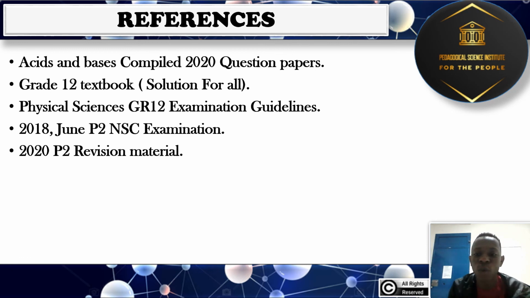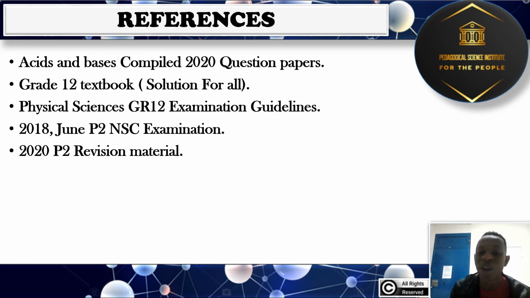This is the reference of where I got all the resources, the content we're delivering to you. You can go to Google and search for acid and base compiled 2020 question papers. I've also used the Grade 12 textbook solution for all, which is a very good textbook, guys.